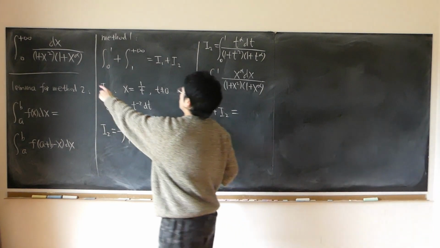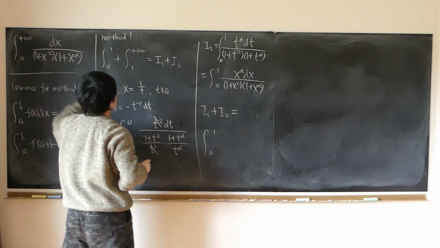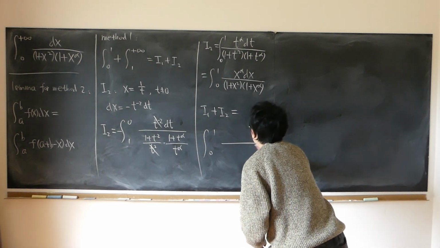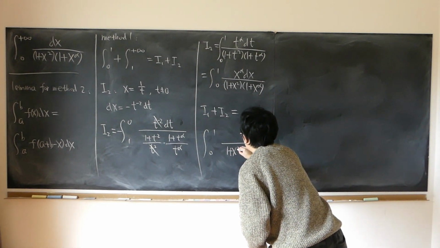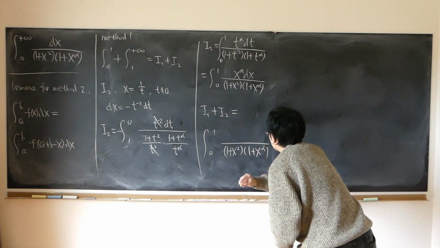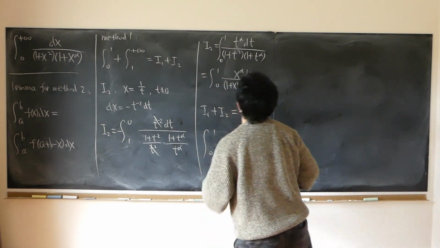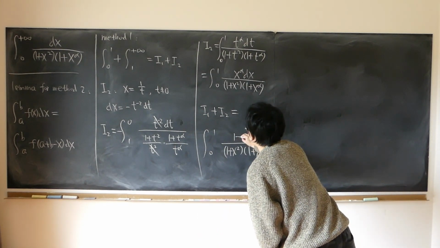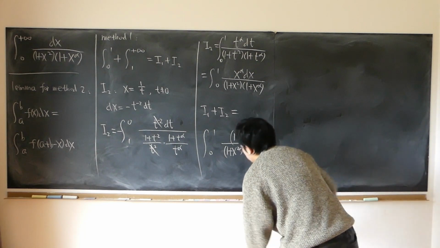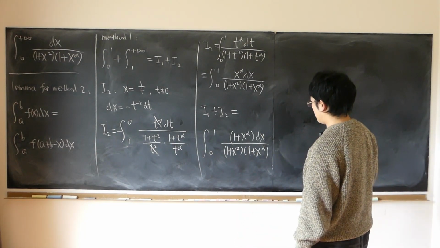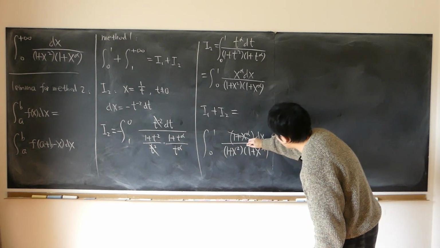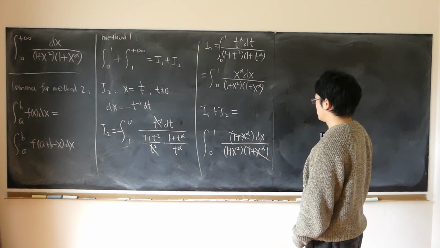We have the same denominator, 1 plus x squared times 1 plus x to the power of alpha. On the top, we have 1 plus x to the power of alpha, dx. And 1 plus x to the power of alpha cancels out.